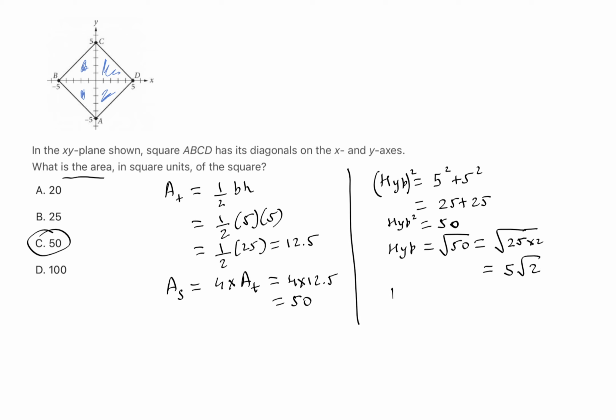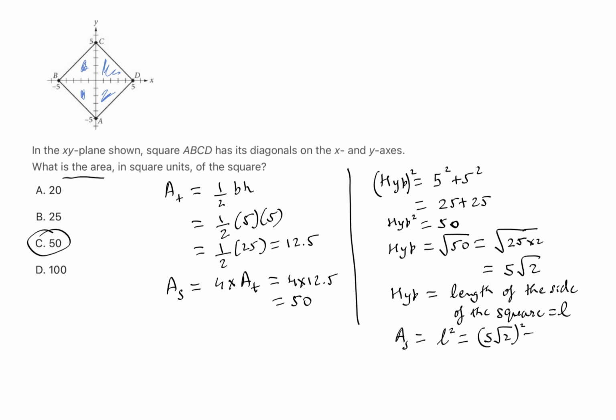Now this hypotenuse itself is actually the length of the side of the square, which we can call L. And so the area of the square is just L squared, which is the square of 5 square root of 2, which we already found was 50.